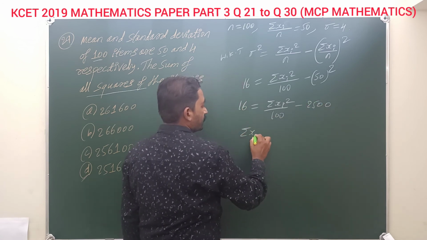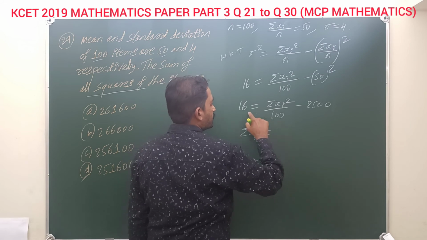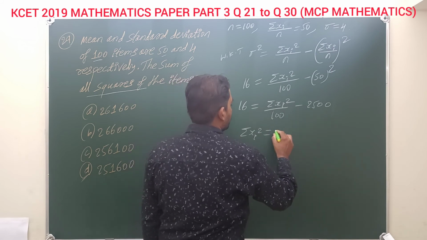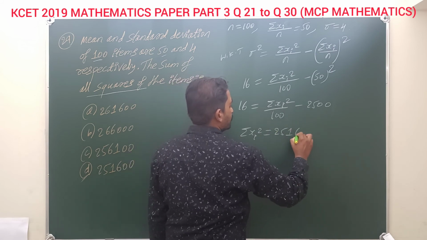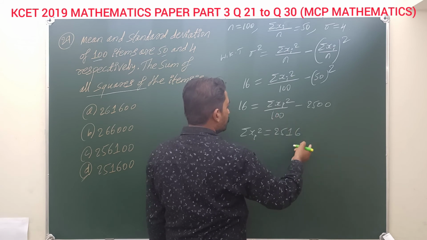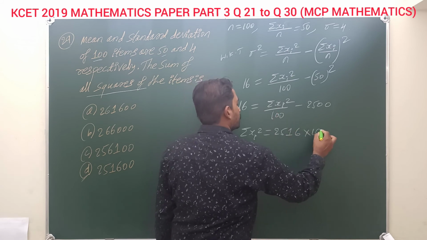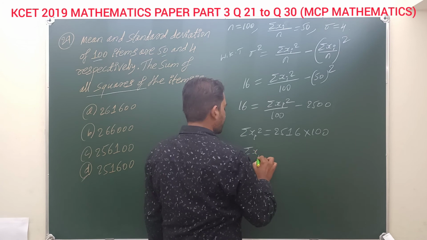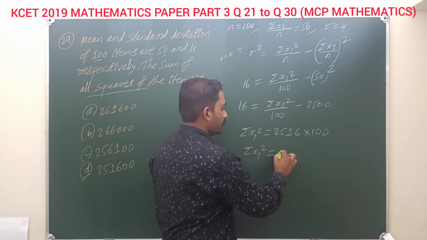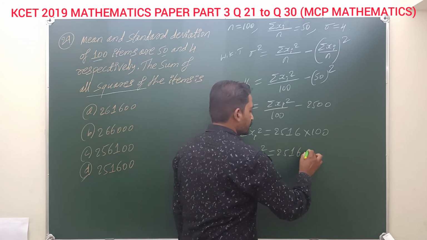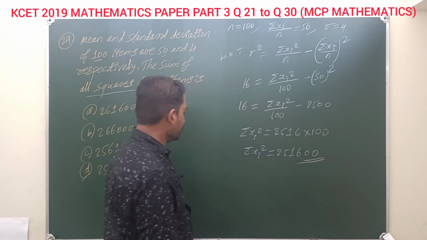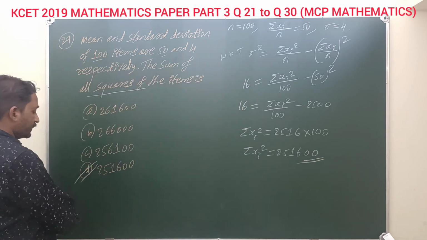Summation of xi square is nothing but 16 plus 2500, that is 2516 into 100. So summation of xi square is equal to 251600, the required answer. Option D is correct in this case.